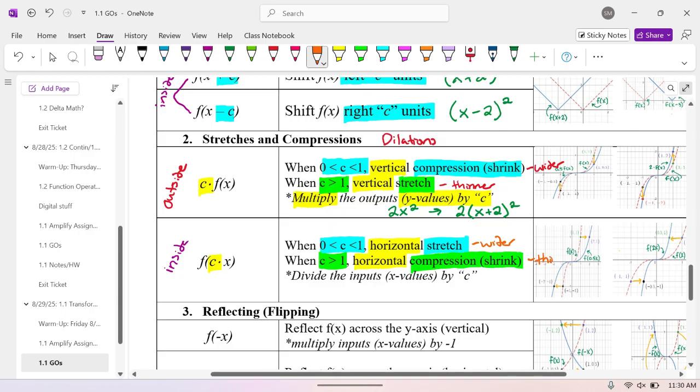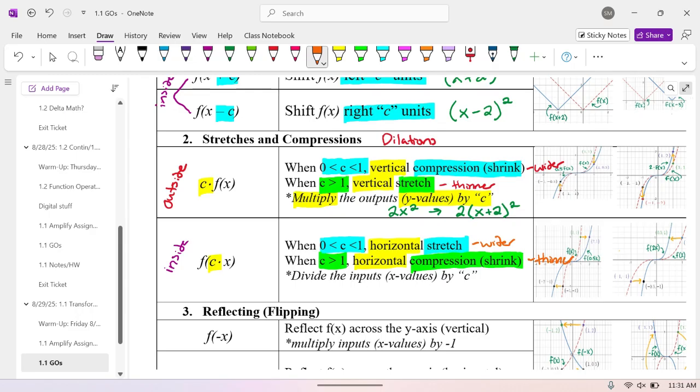So if you notice, even though the name switched, compression, stretch, compression, the numbers associated with do the same thing to the graph. So if it's a fraction, your graph gets wider. If it's a number greater than 1, and what I mean by greater than 1 is don't worry about the negative. All right. So if it's not a true fraction, so that qualifies as greater than 1, it is thinner.